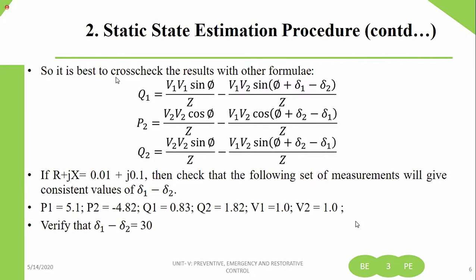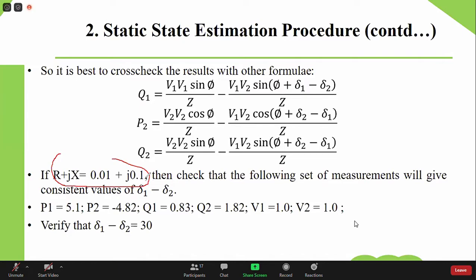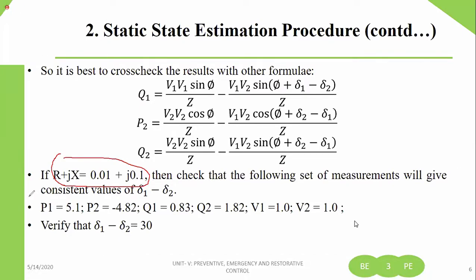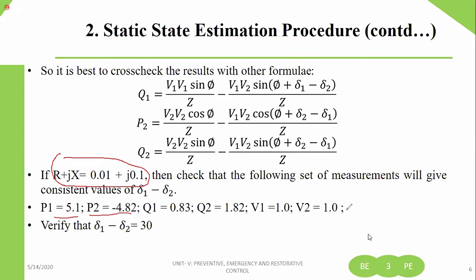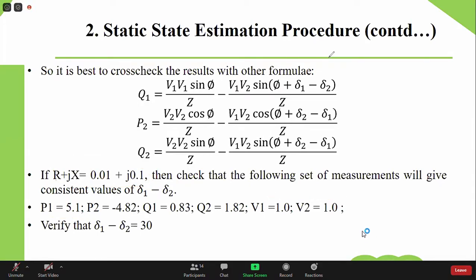Now just for example, take this R plus jX, where R is 0.1 and X is 0.1. Then check that the following set of measurements will give a consistent value of del 1 minus del 2. Assume P1 is measured as 5.1, P2 minus 4.82, Q1 0.83, Q2 1.82, and V1, V2 are 1.1. Now try to substitute all these values in the above formulas.